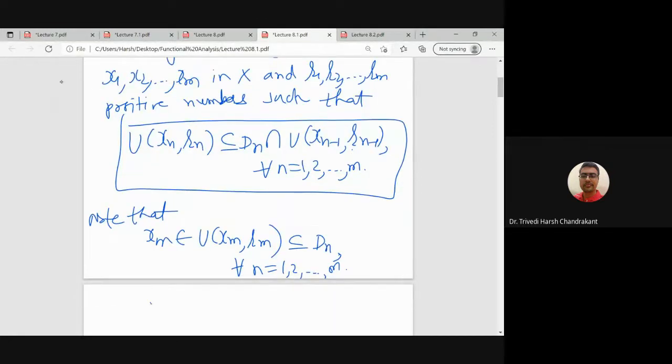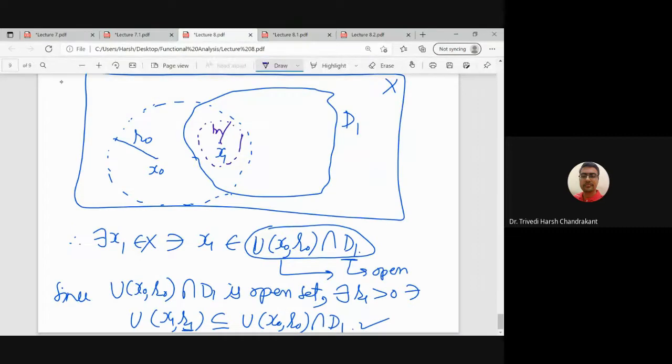And further, because each of these is contained in Dn, and we are selecting the disk so that the new disk is contained in the old disk.